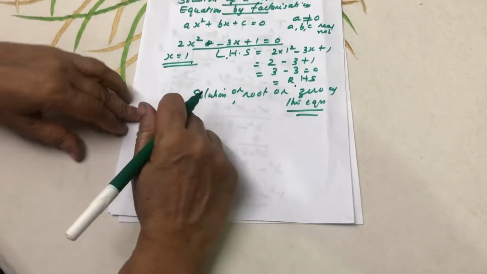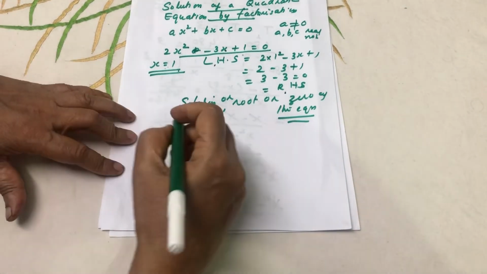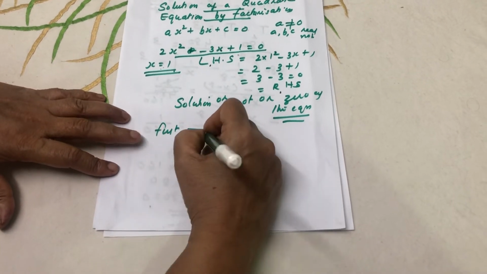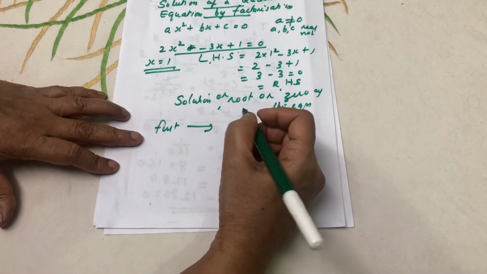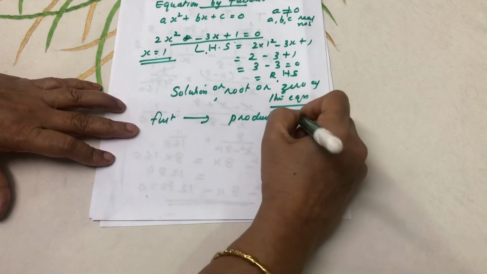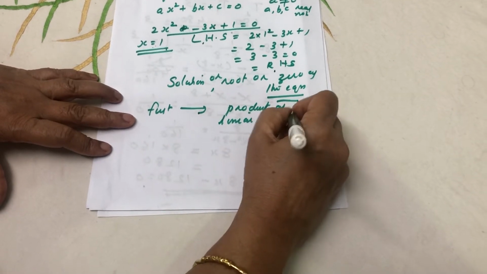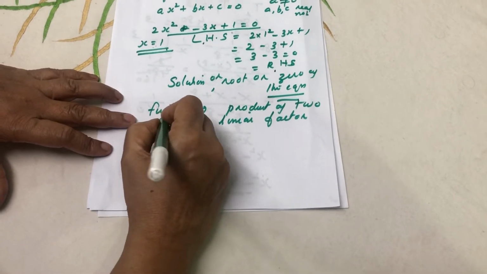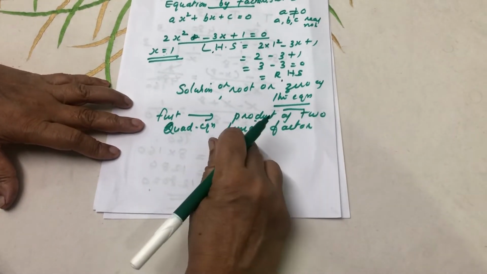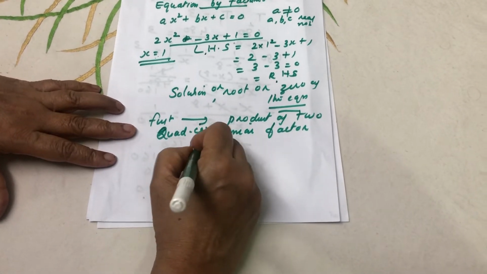So to find the solution of a quadratic equation by factorization, first you should write this quadratic equation as the product of two linear factors by splitting the middle term.